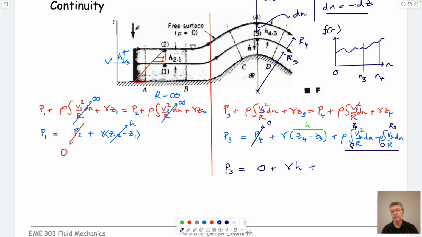So if you do the integration from 0 to 4, which is this total area here, and you subtract from that the integration from 0 to R3, which is this, then you're left with the integration that is actually just this portion here. Oops, I wanted this one.